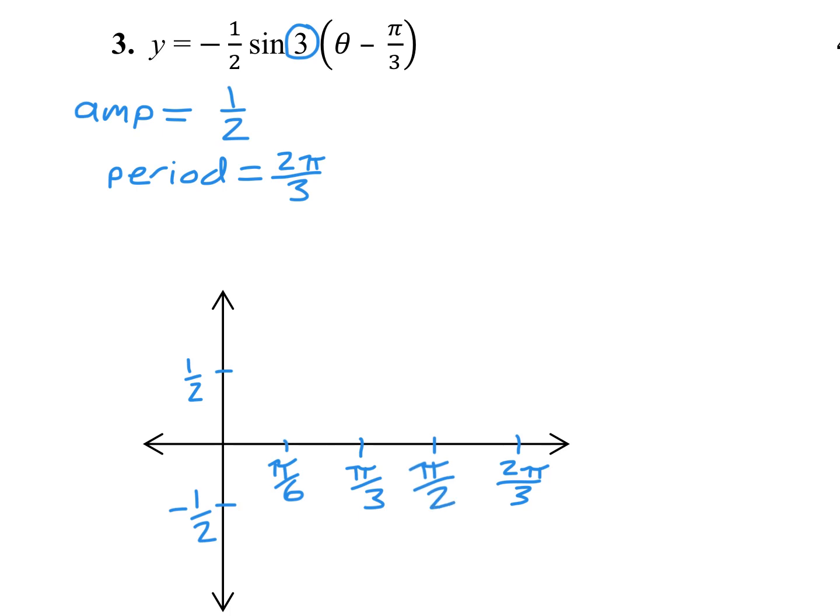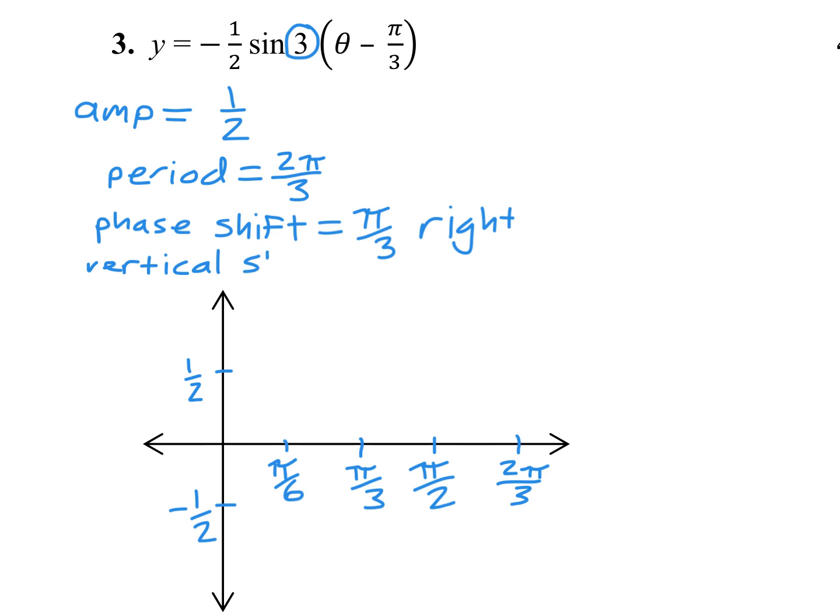All right, in the parentheses with theta, we see a minus pi over 3. Right, so minus means it's shifted to the right. So this one is going to be pi over 3 to the right. And again, we don't have a vertical shift yet because there's nothing being added or subtracted after the parentheses close.